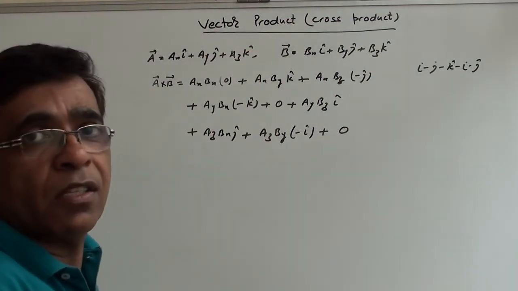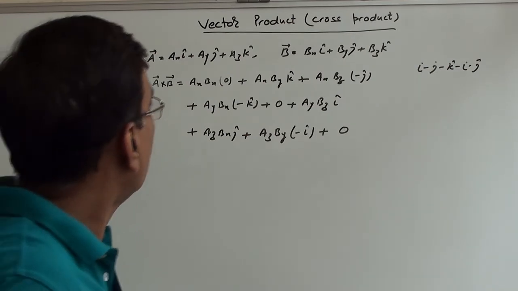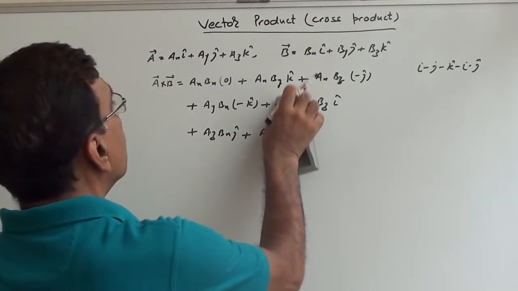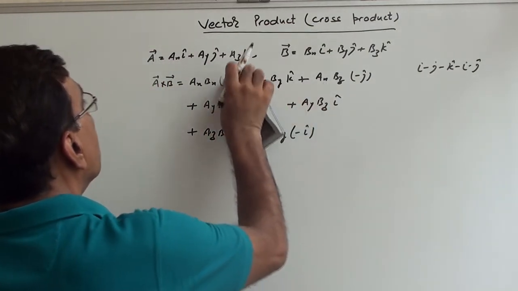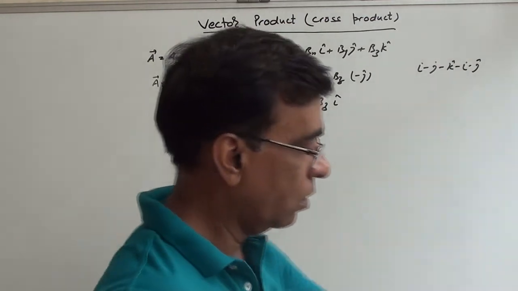So we'll have 6 non-zero terms, and 3 zeros. So I can remove these terms. So I have 6 terms now.